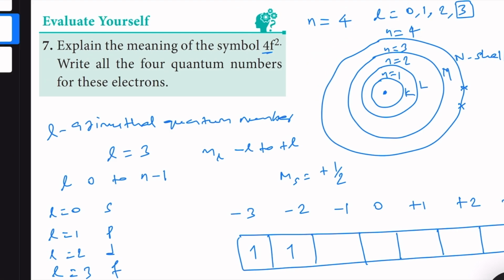To summarize, let me write all the 4 quantum numbers for these 2 electrons. So, n value is 4, L value is 3 and then ML is minus 3 for one electron and the spin quantum number is plus half.